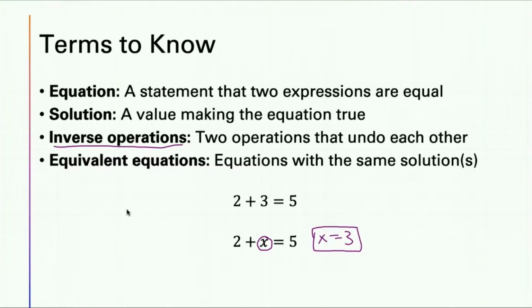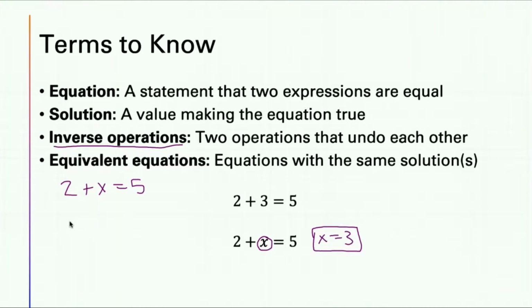Now, you may not have heard of equivalent equations. Don't worry, I never heard of equivalent equations until I looked into the textbook. Equivalent equations are basically two equations with the same solution. So, if I take this one here, 2 plus x is equal to 5, I need another equation that would have the same solution, x equals 3, to be equivalent.